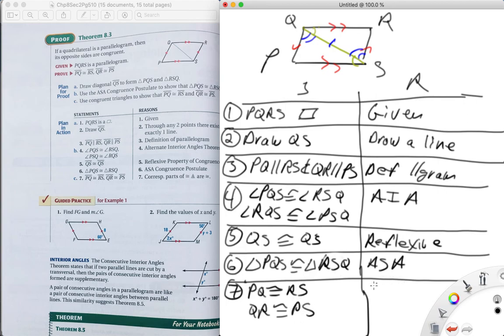And that's because of corresponding parts of congruent triangles are congruent, CPCTC. So that's it, 7-step proof. Pretty straightforward. You can also use these same guidelines to say that opposite angles are congruent. Angle P is congruent to angle R, by corresponding parts of congruent triangles are congruent. And that would work as well.